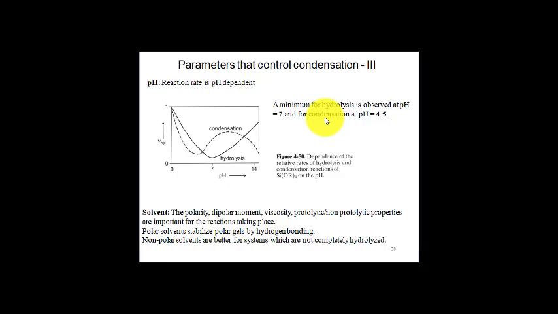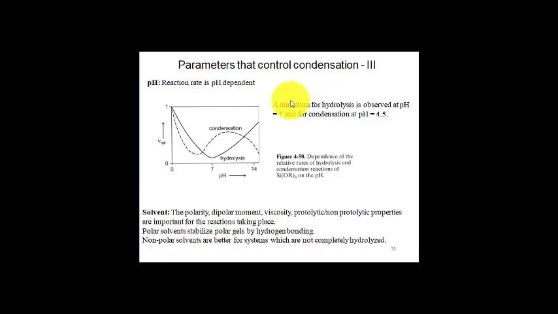Polar solvents stabilize polar gels by hydrogen bondings and non-polar solvents are better for systems which are not completely hydrolyzed. So these are different parameters that control the condensation process. If we do not consider these parameters, then hydrolysis may occur but the condensation will not occur.